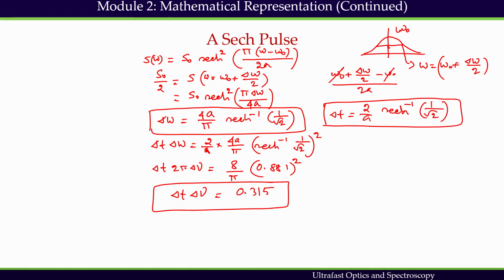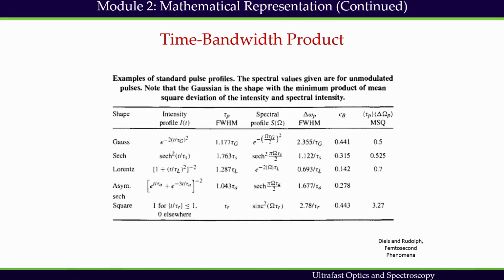rectangular pulse. This table here is showing the time bandwidth product of different pulses. If it is a Gaussian pulse, it is 0.441. If it is a hyperbolic function, it is 0.315. And many other pulse shapes we have, and we can have different values.